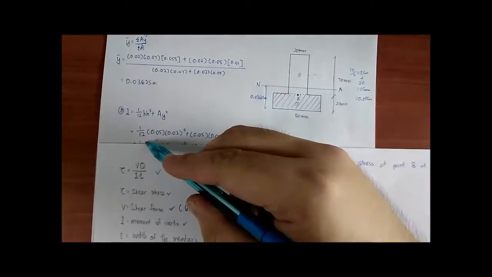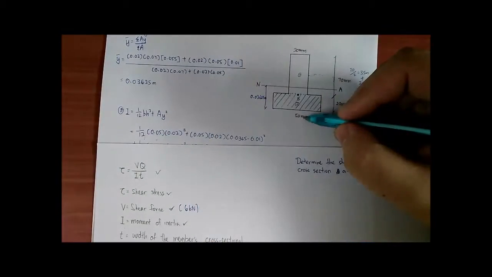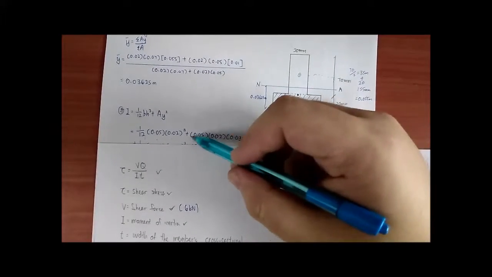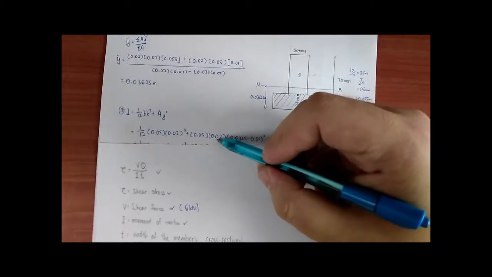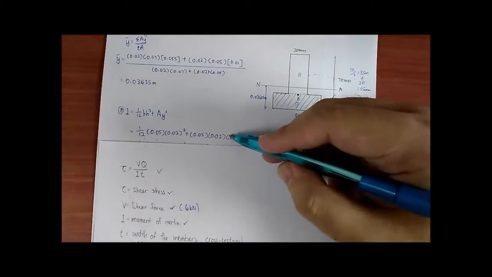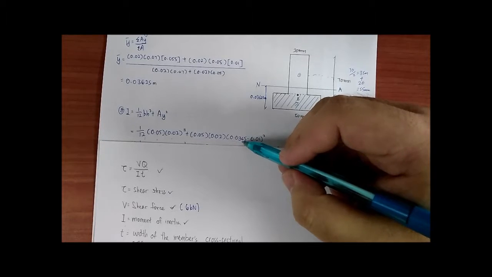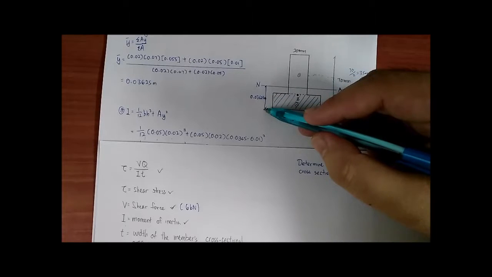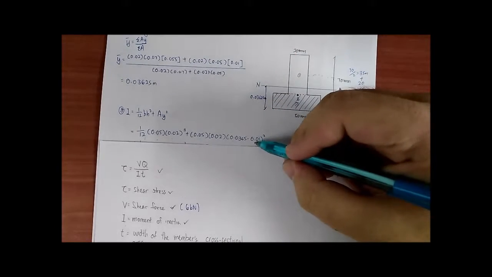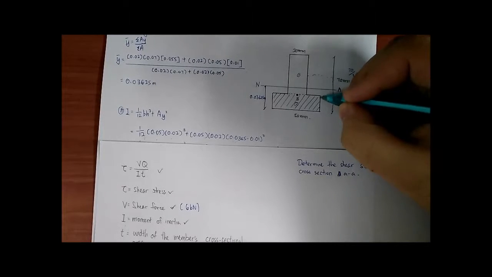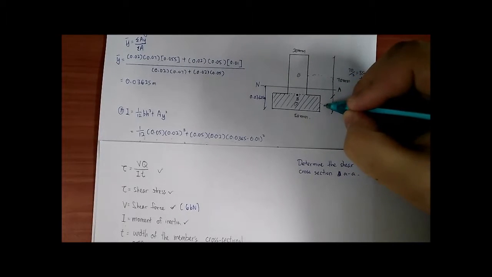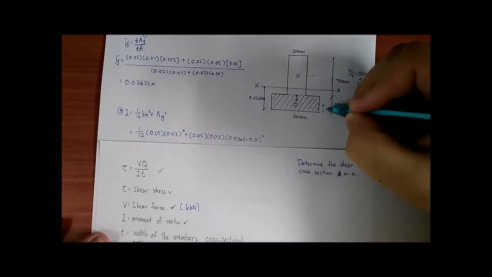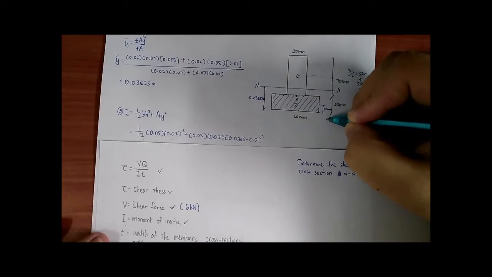For this one, shape number 2, area 2, it's 1 over 12 multiplied by 0.05 (50 millimeter), multiplied by 0.02 (20 millimeter) cubed, plus 0.05 multiplied by 0.02, the area, multiplied by 0.03625, minus 0.01. 0.01 is because the centroid of this shape is 10 millimeter, which equals 0.01 meter.